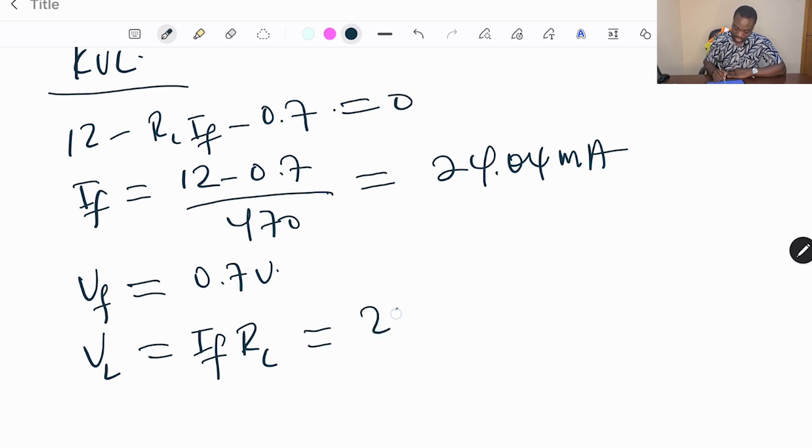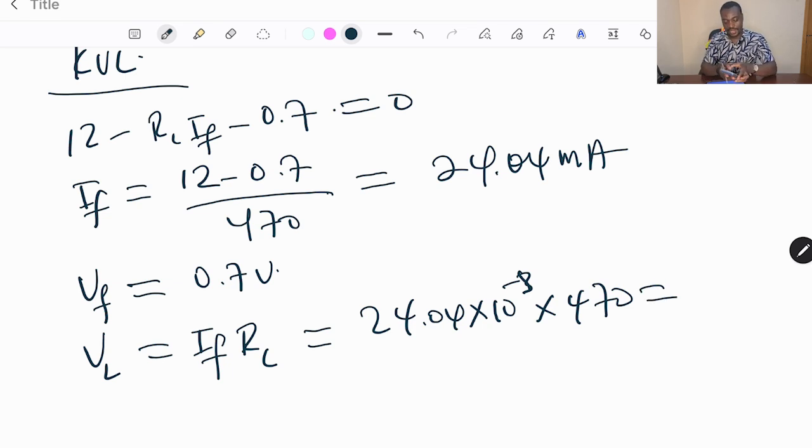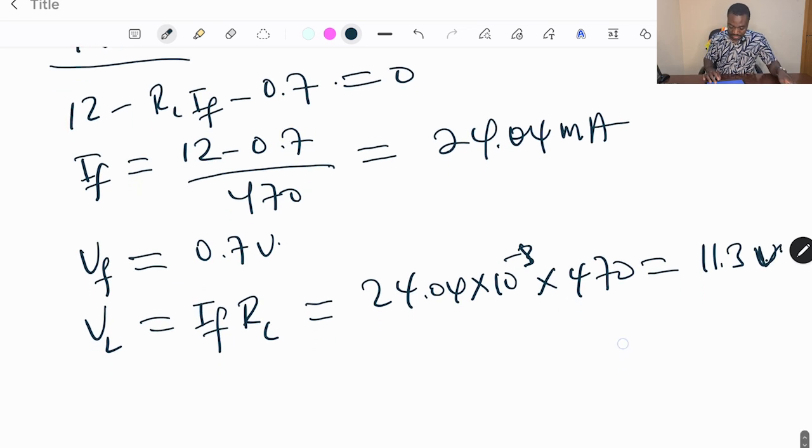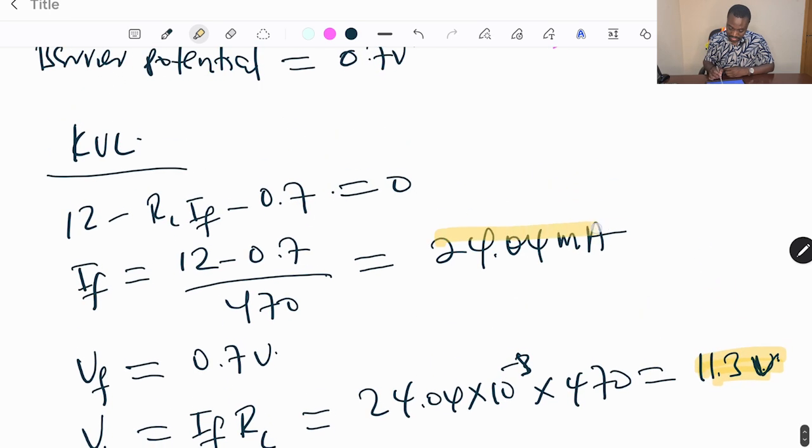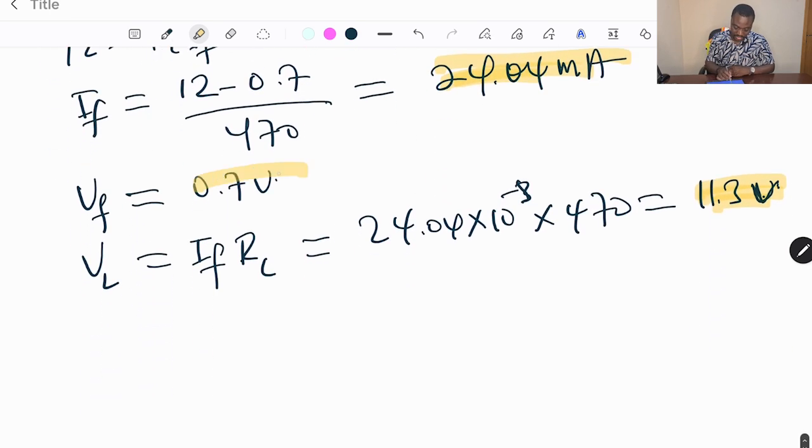So we have 24.04 times 10 to the power minus 3 times 470, and we get 11.3 volts. Okay. Now, these are the answers that we've gotten.